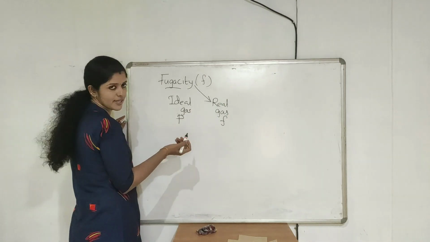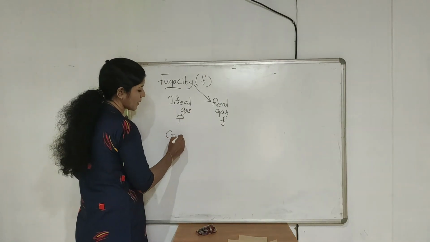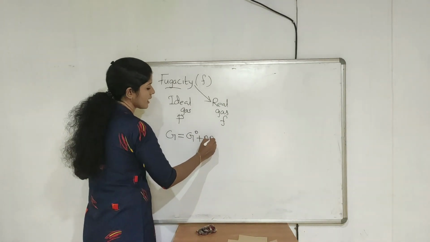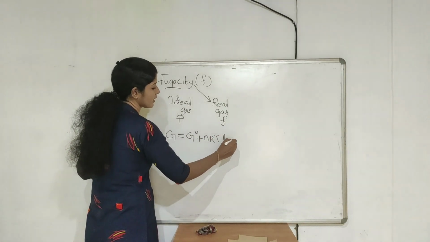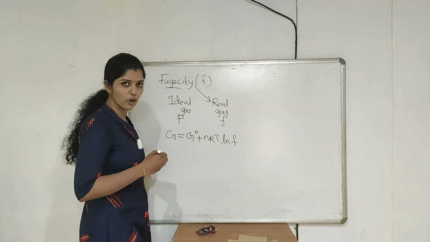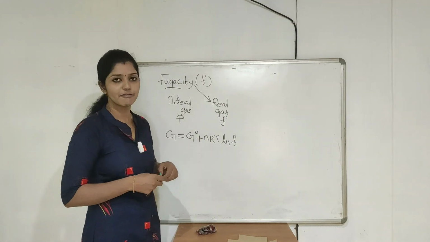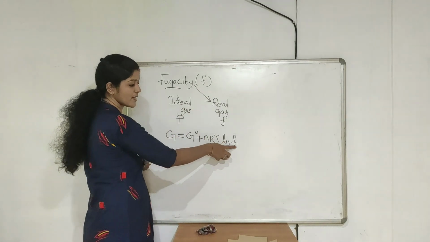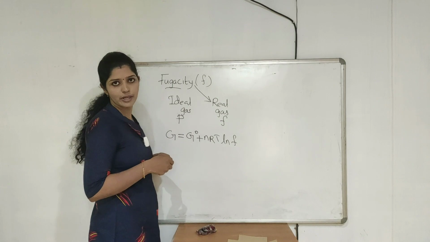Now how will we represent it? We represent it using the equation G is equal to G0 plus nRT ln F. Using this equation we can calculate fugacity F. In the case of an ideal gas, instead of F you will have P. That is the only difference.